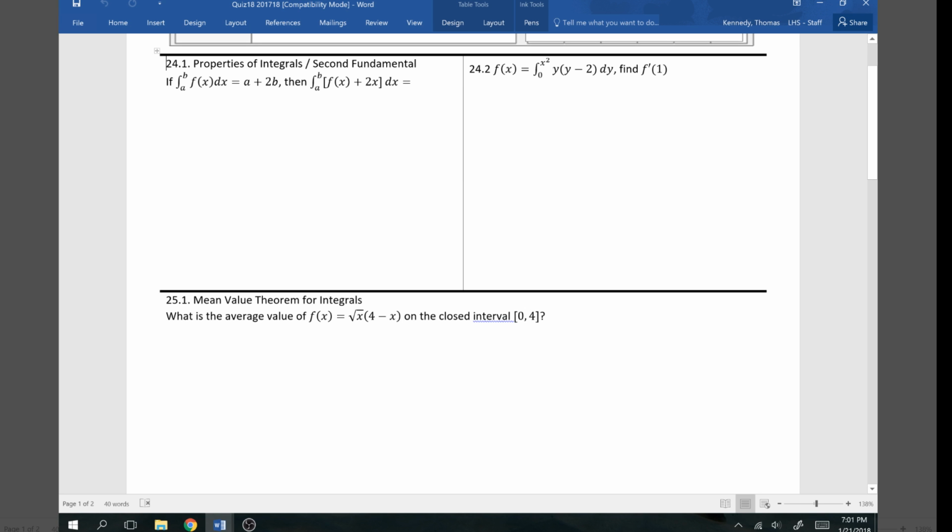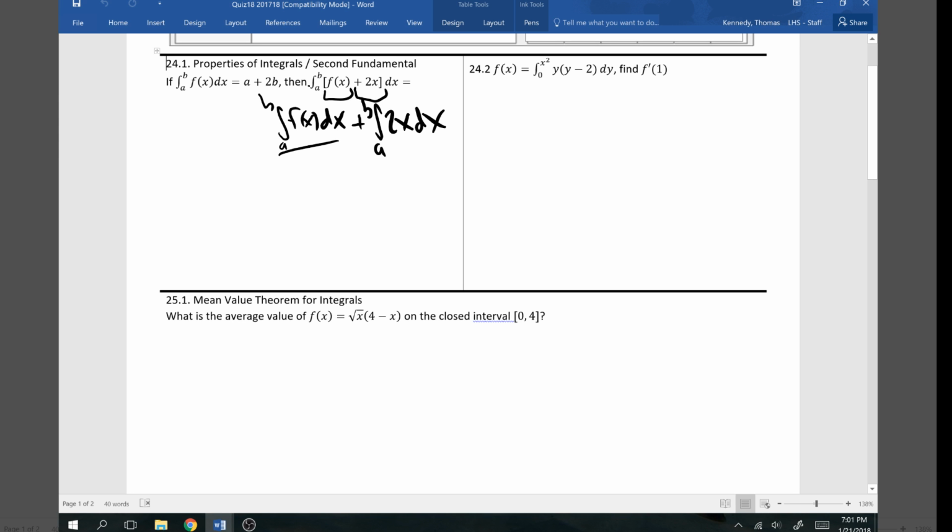The big idea here is that we're supposed to separate this addition in the integral into two different integrals, which we handle separately. So first I have the integral from a to b of f of x dx, and then the integral from a to b of 2x dx. And the nice part is, I know what the integral from a to b of f of x dx is.